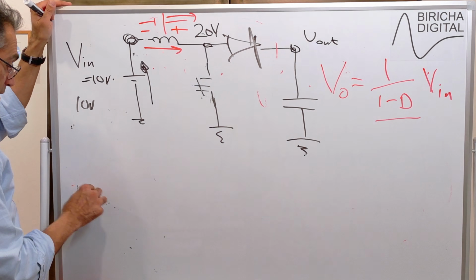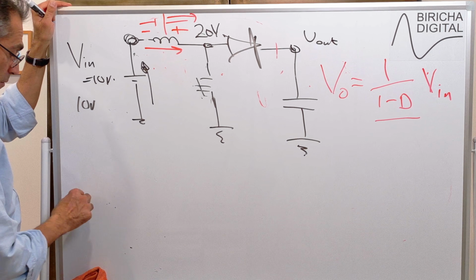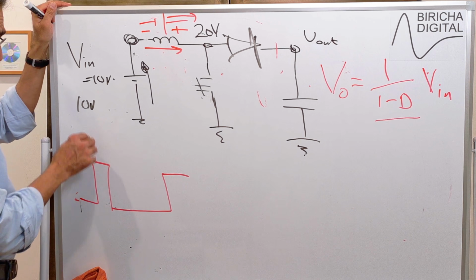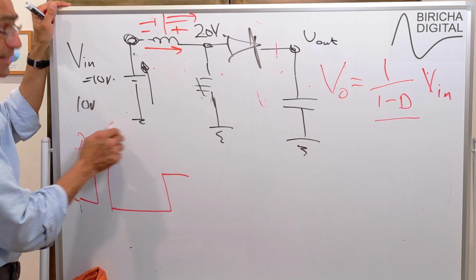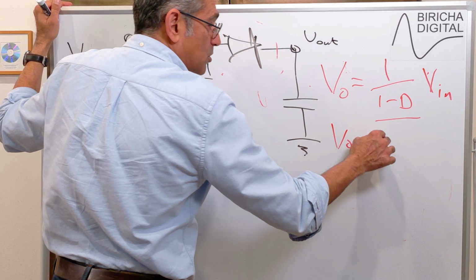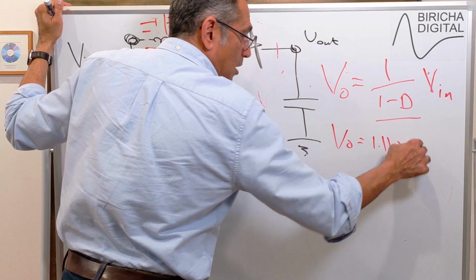So if I turn my switch on for 10% of the time and keep it off for 90% of the time, so my duty is equal to 10%, according to that equation, V out will be equal to around 1.1 times V in.